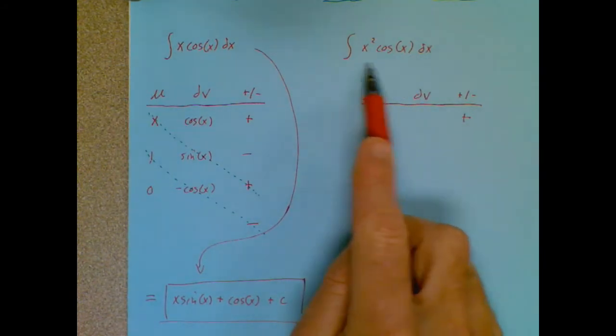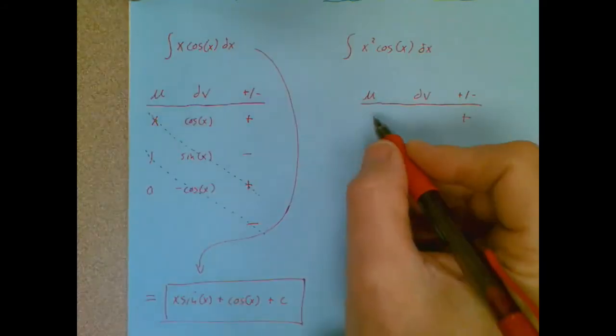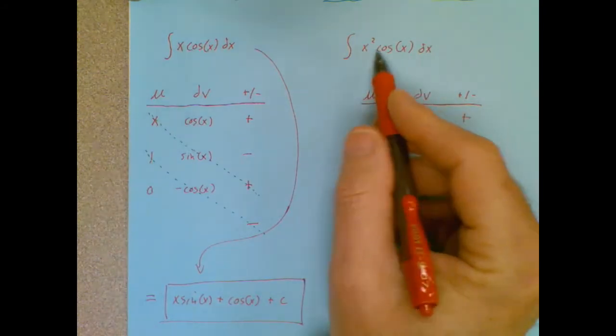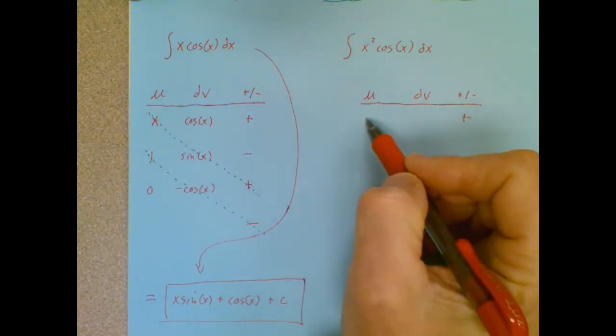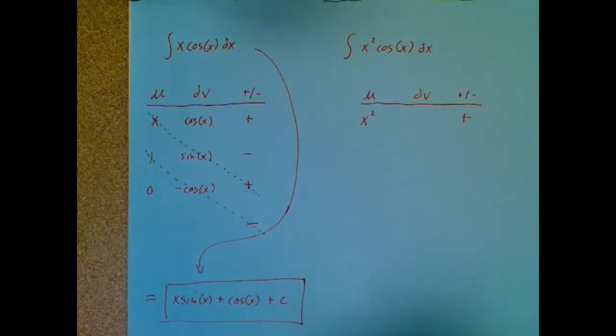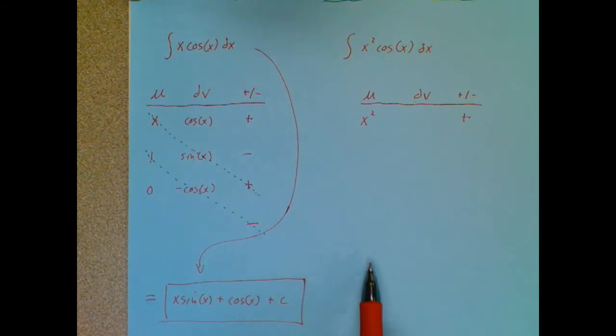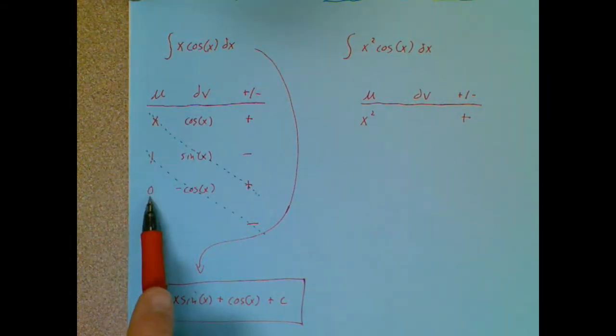This is one where we ended up having to do two cycles of integration by parts. So same thinking. Give me something here that's easy to take a derivative of. But wait, not only do I have to have something that's easy to take a derivative of, it's a deal breaker if it doesn't eventually have a derivative of 0, like I had there.